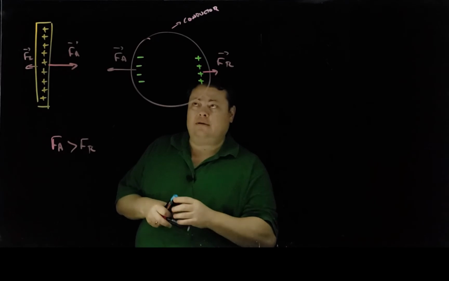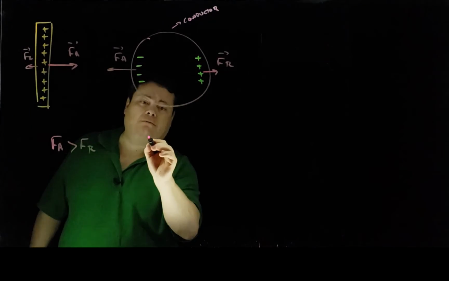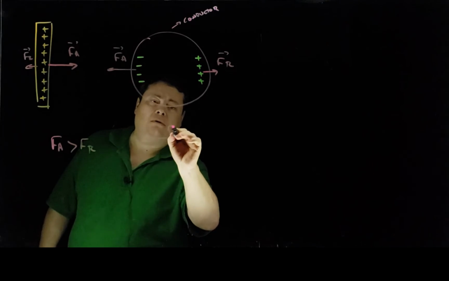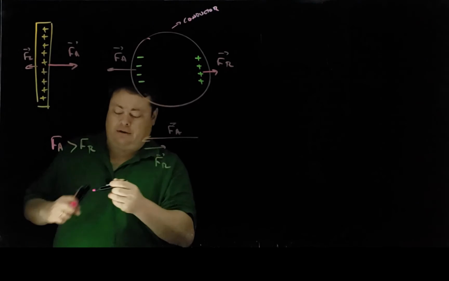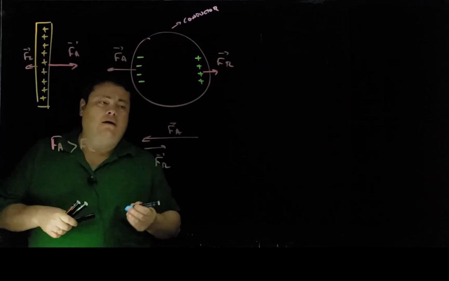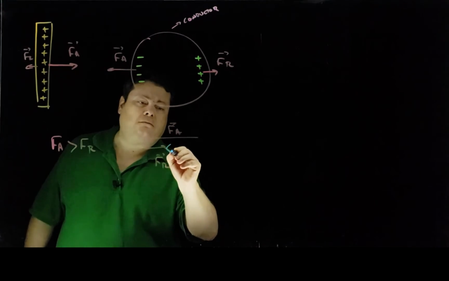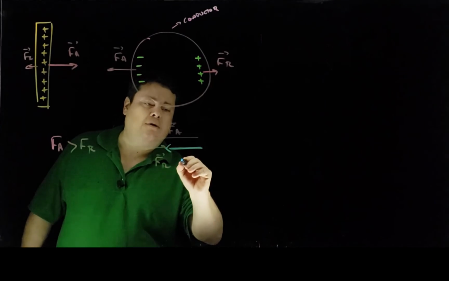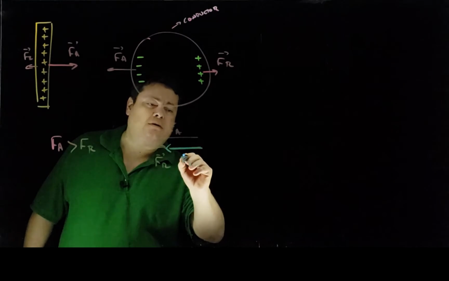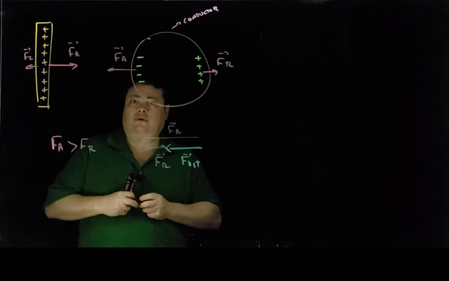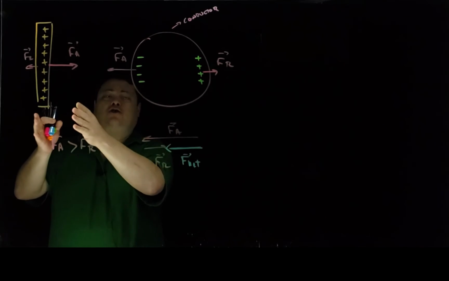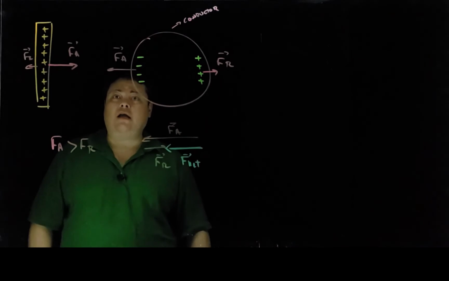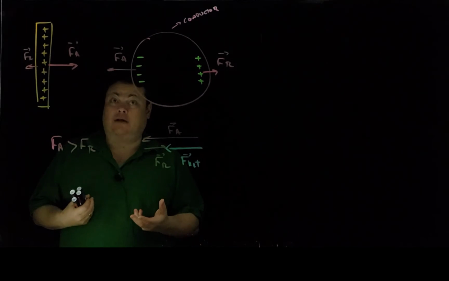And then that means that when I put the two together, attractive force and repulsive force, what we end up getting is that the net force is attractive. So this is very interesting because what we have is that a charged object will attract a neutral object, or they will attract each other.